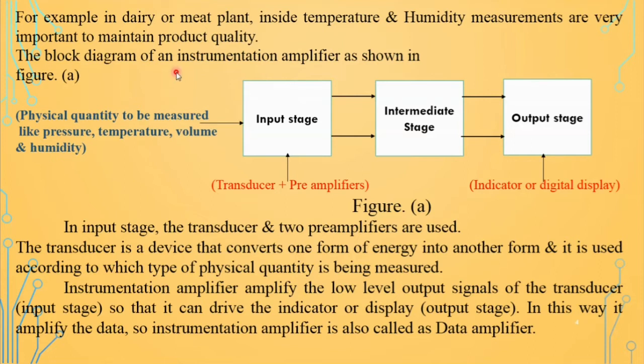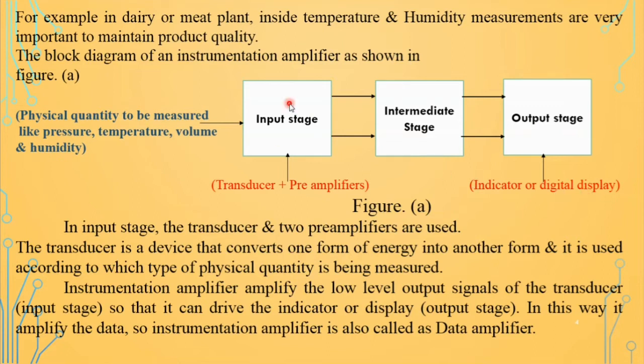So the block diagram of instrumentation amplifier is shown in figure A. Here, at the input stage, we are measuring the physical quantity, that is pressure, temperature, volume, humidity. This is our input stage or first stage. Then this is the intermediate stage, and this is the output stage. In the input stage there is a transducer and preamplifier, and in the output stage there is the indicator or display.